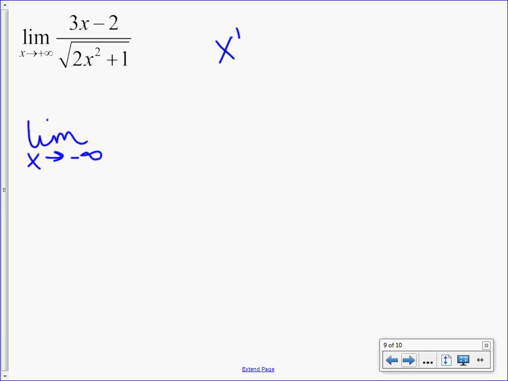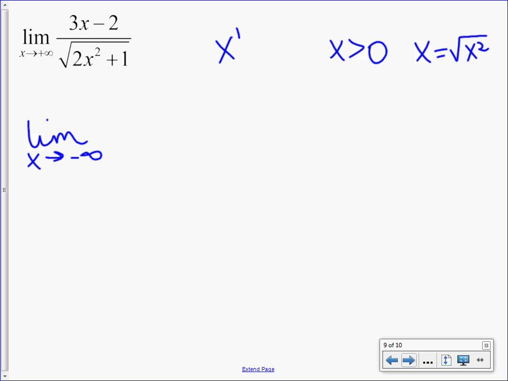Now, when we have the square root of x, as long as x is positive, x is the same thing as the square root of x squared. Do you agree? Why did I say when x is positive?